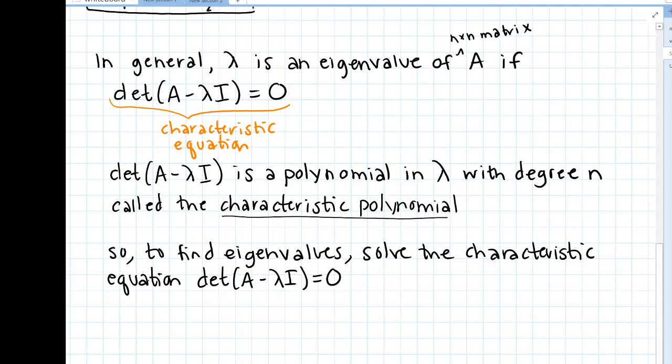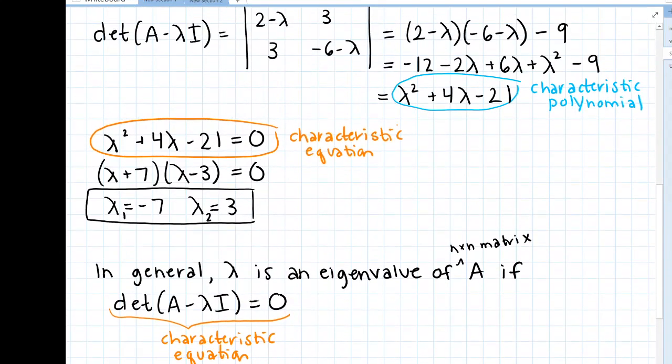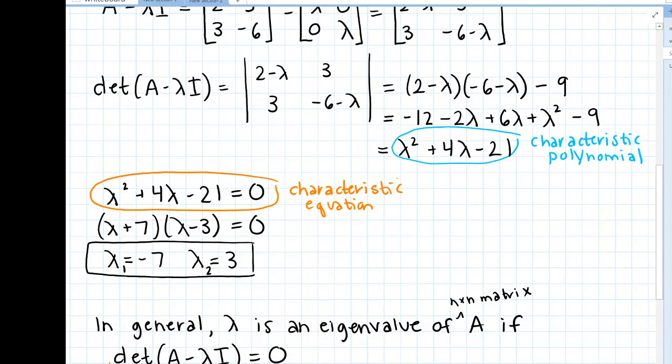You want to set up that equation and then solve it for lambda. Today we did an example that was a 2 by 2, and in that case, the determinant is easy to take, right? We know a special formula that only works for 2 by 2 matrices. So tomorrow we'll do some examples with 3 by 3s.